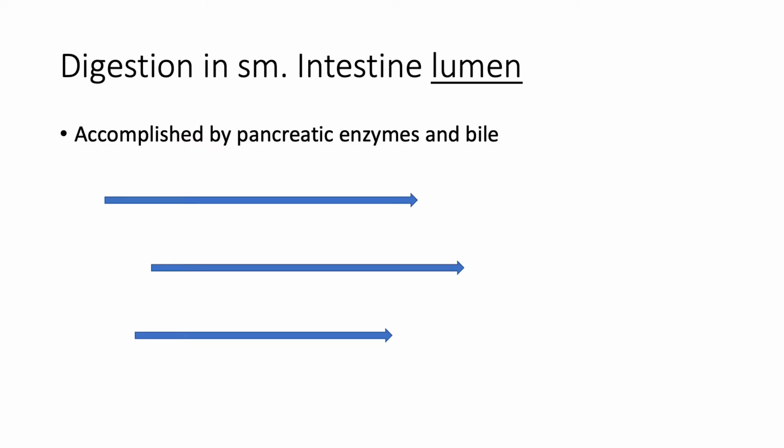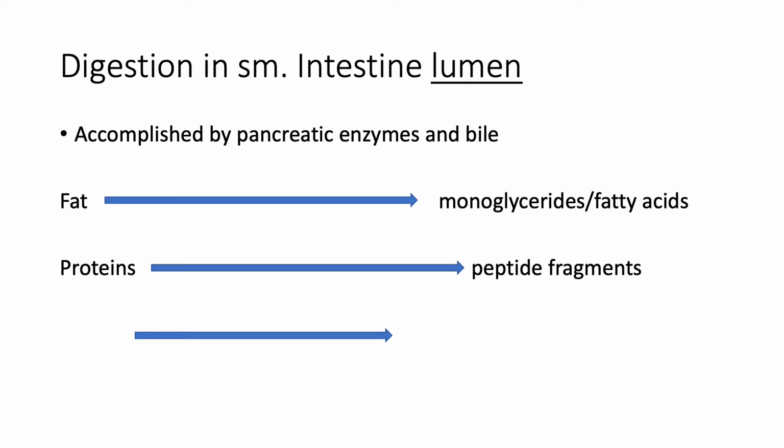In the last lecture, we looked at digestion within the brush border, how those peptide fragments and disaccharides are broken down into the individual amino acids and monosaccharides, respectively. Today we're going to look at the initial steps that occur within the lumen of the small intestine. And these will include total fat digestion, protein being broken down into peptide fragments, and carbohydrates to saccharides.